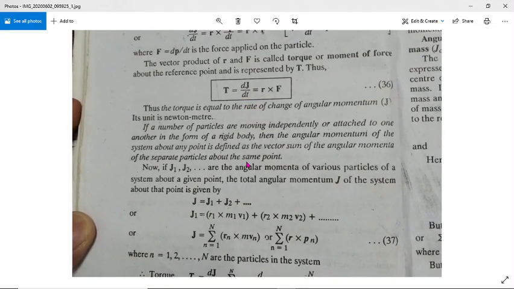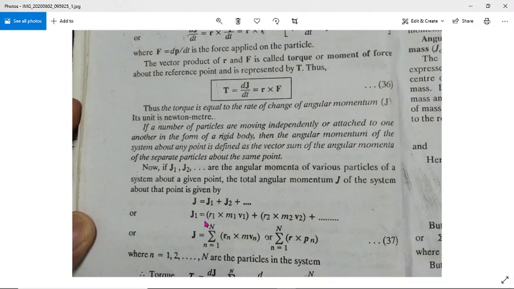Then if there are many particles moving independently or attached to one another in the form of a rigid body, then the angular momentum of the system about any point is defined as the vector sum of angular momenta of the separate particles about the same point. So the angular momentum J equal to J1 plus J2 and so on.